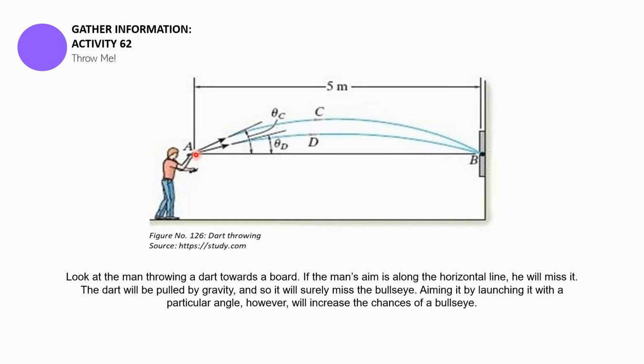As you can see, if the man's aim is somewhere here, he is enabling gravity to pull it downwards in such a way that it will still hit the dartboard. So if you launch the dart at a particular angle, it will increase the chances of a bullseye instead of just aiming through the horizontal line.